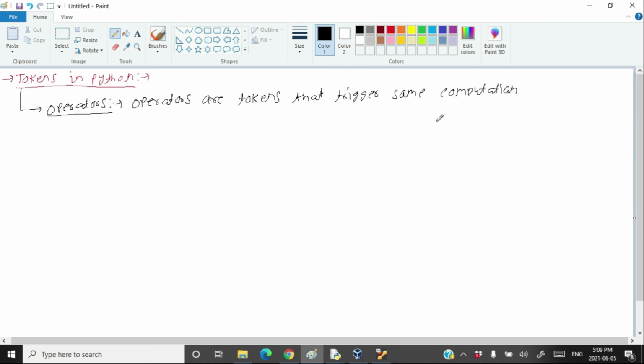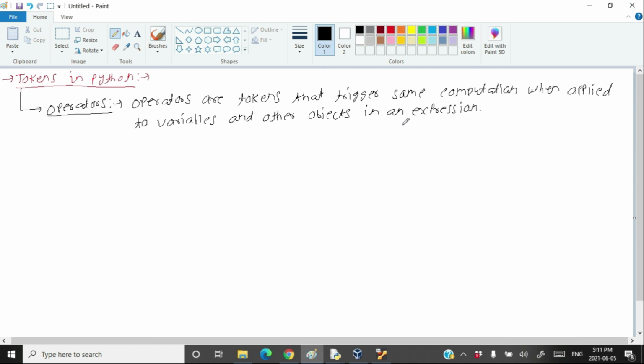That means whenever we apply an operator, that operator causes some computation. The plus operator causes a summation computation. The minus operator causes a subtraction computation. So operators are tokens that trigger some computation when applied to variables and other objects in an expression.